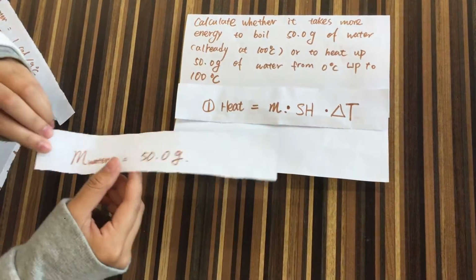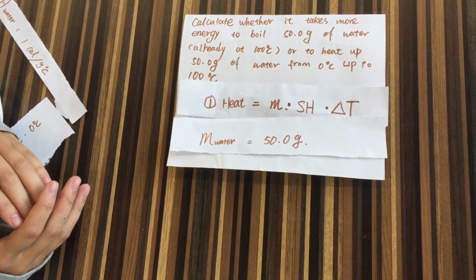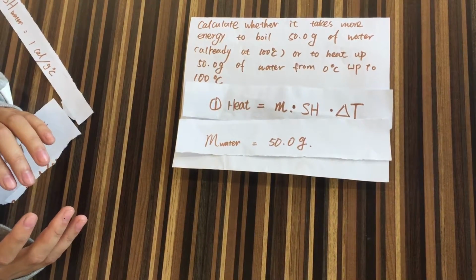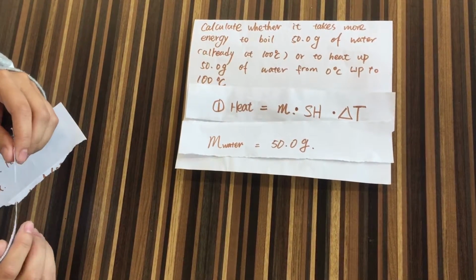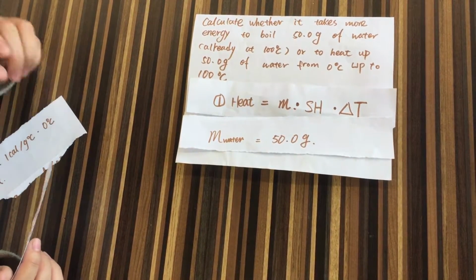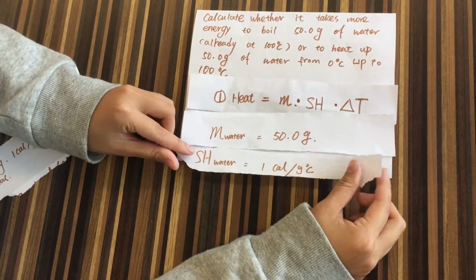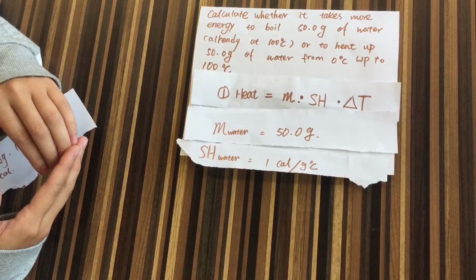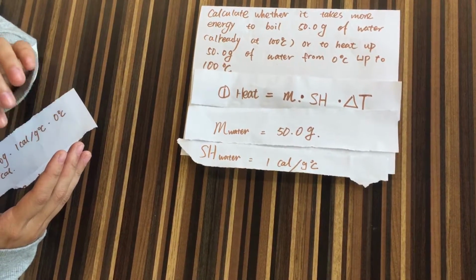The mass of the water is 50.0 grams. For the specific heat of the water, we should memorize it. It's really important: it's equal to 1 cal per gram per degree.